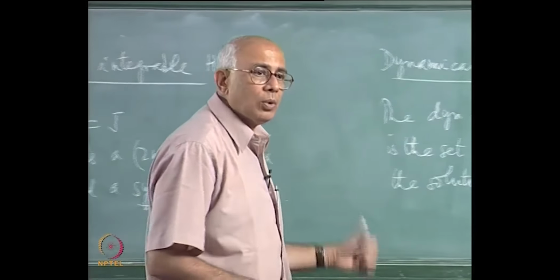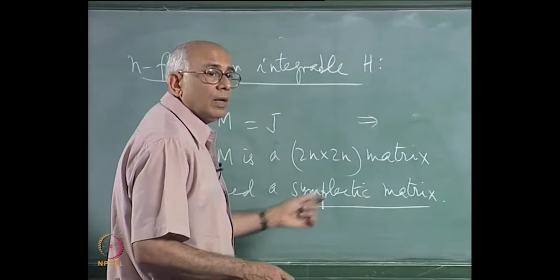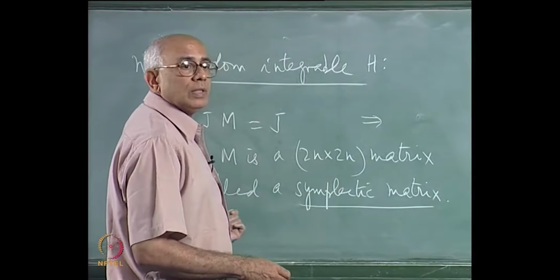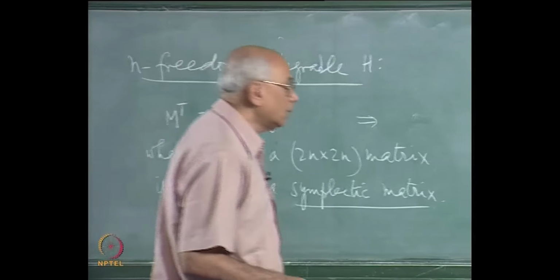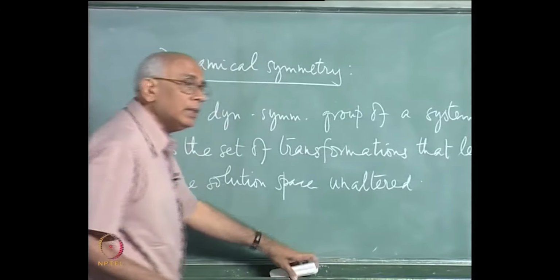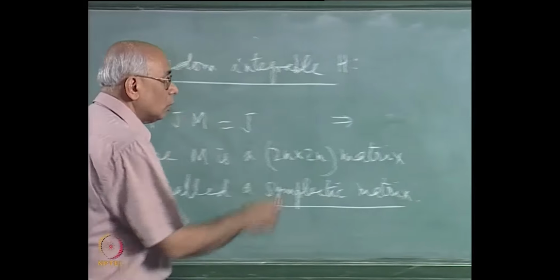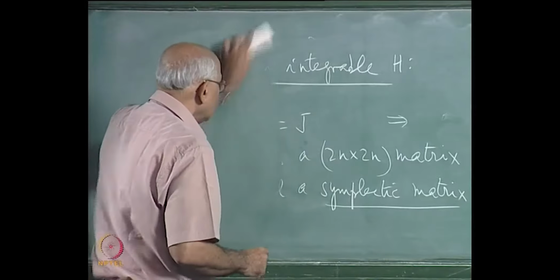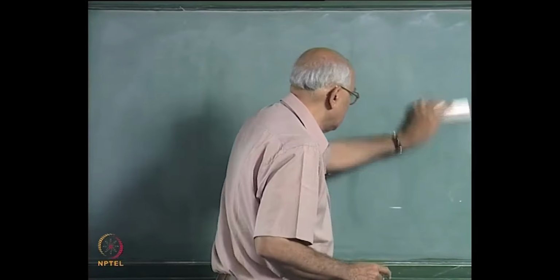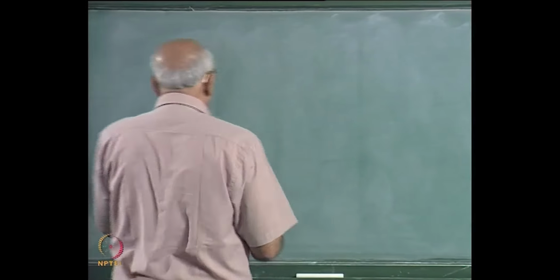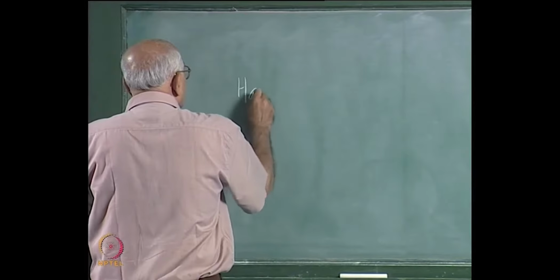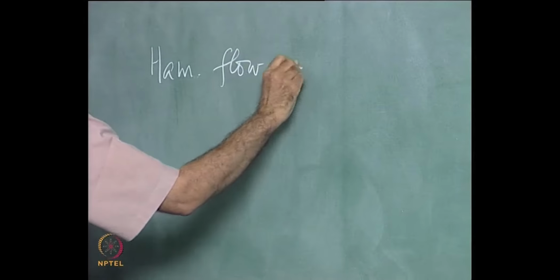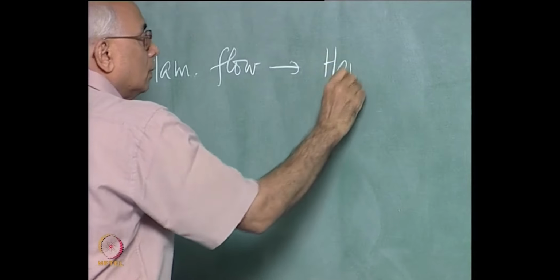Now let us come to a Hamiltonian system and ask what the dynamical symmetry group of a Hamiltonian system can possibly be. What do you need for a Hamiltonian system's solutions to remain unchanged? First of all, I certainly need the Hamiltonian flow to go to a Hamiltonian flow.